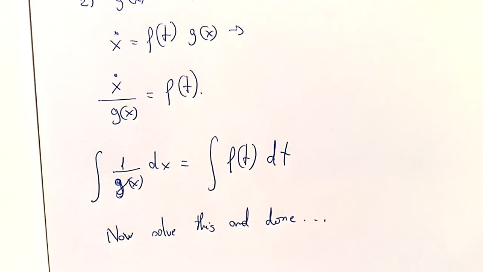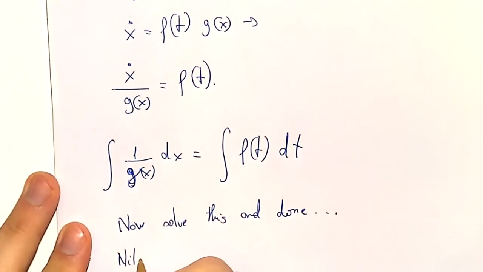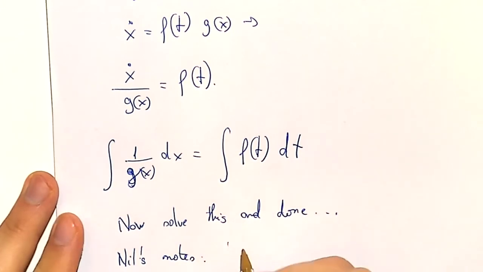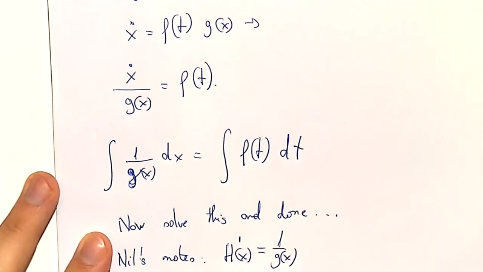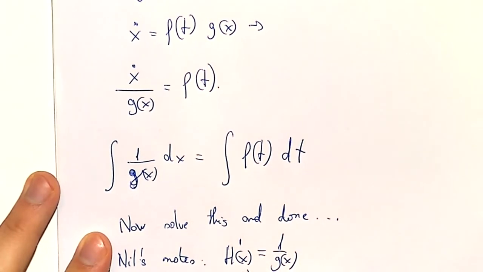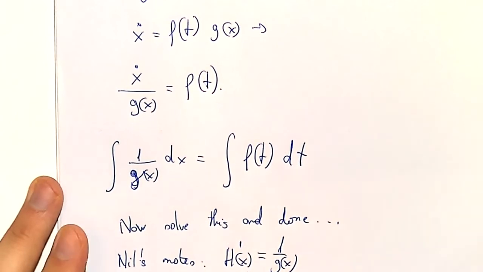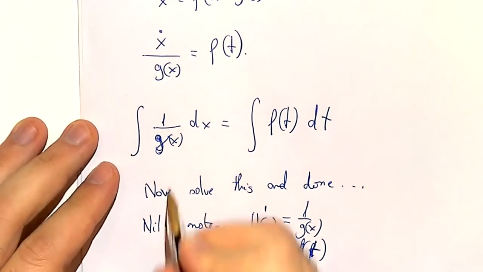If you look in Niels's old notes, he just says that this h(x) derivative is just 1 over g(x), and the F(t) derivative is just small f(t). And then the solution is just replaced here, obviously.